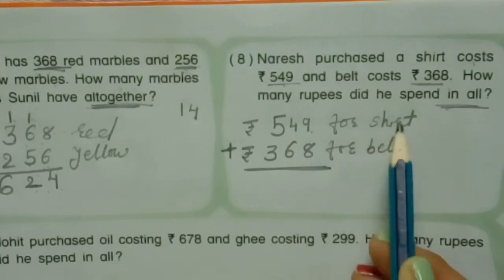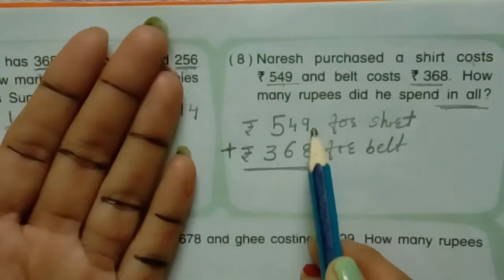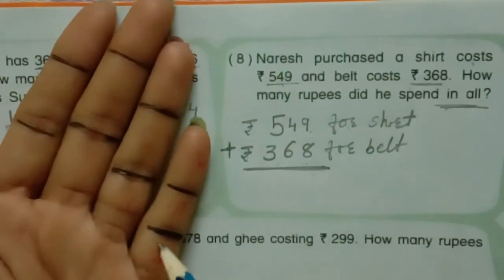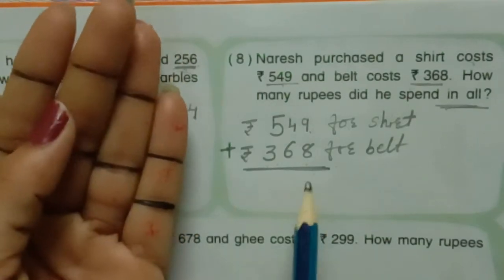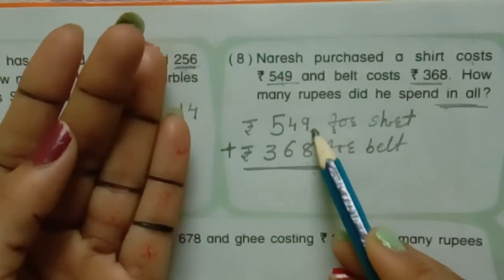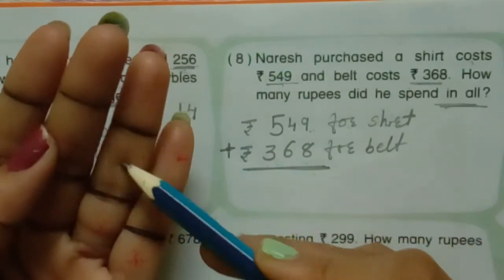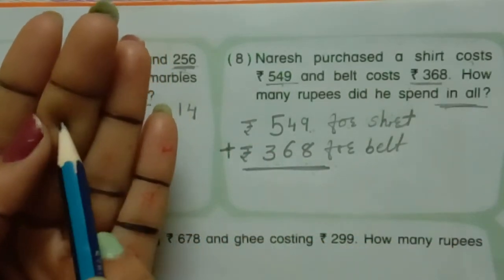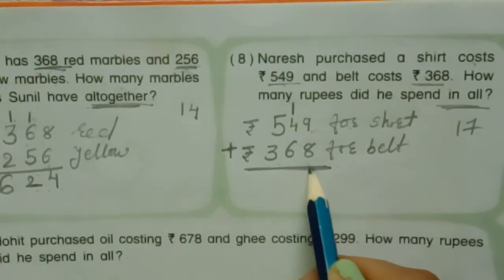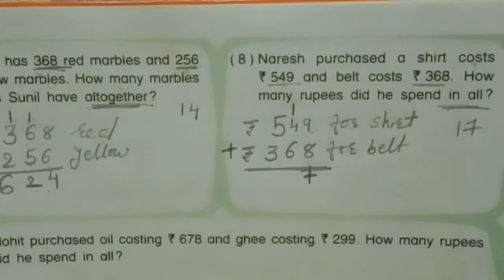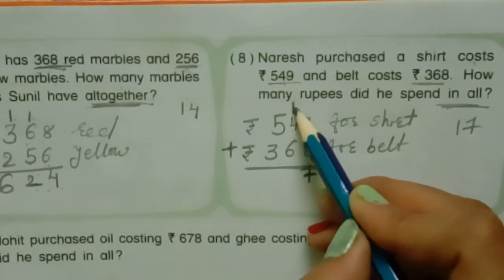549 for shirt and 368 for belt. Now 9 plus 8. 1, 2, 3, 4, 5, 6, 7 and 8. Till here we will count. We'll start after 9. So 9 say 10, 11, 12, 13, 14, 15, 16 and 17. We have 17. So we will write 1, 7, 17. Now see at tens place. 4 plus 1, 5.